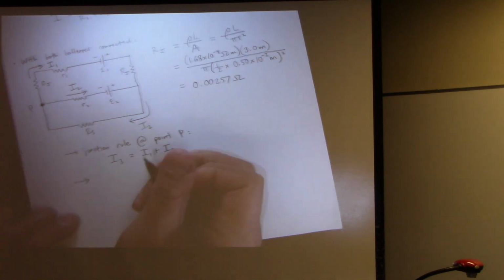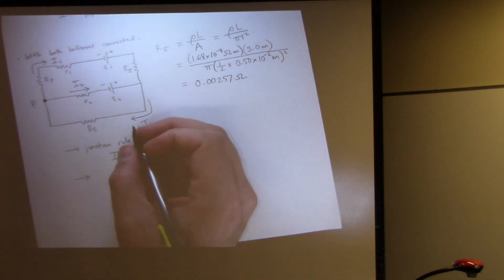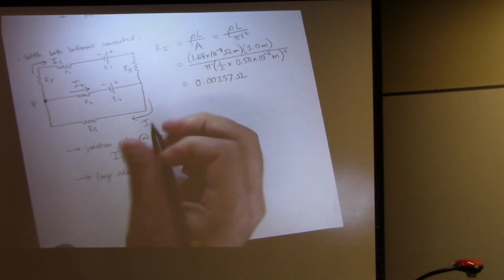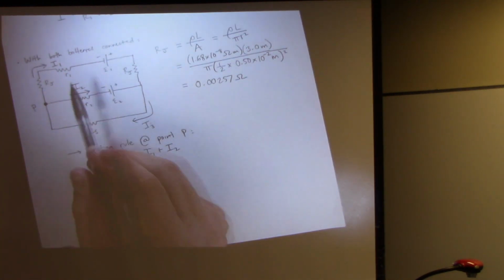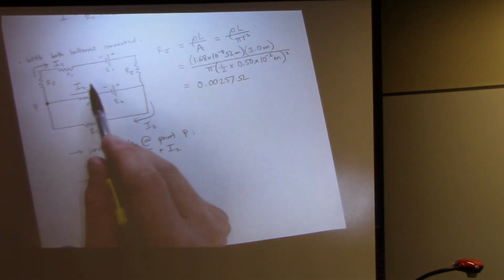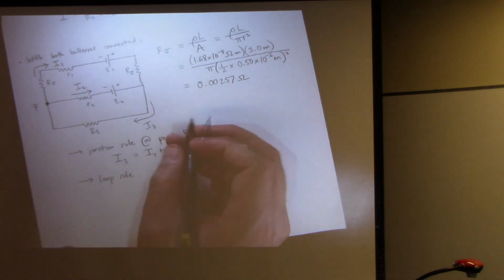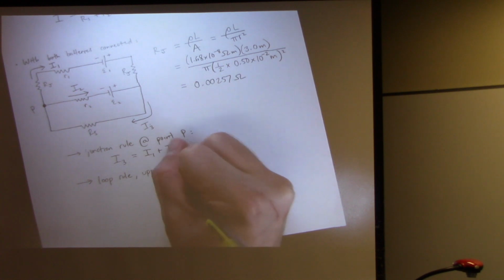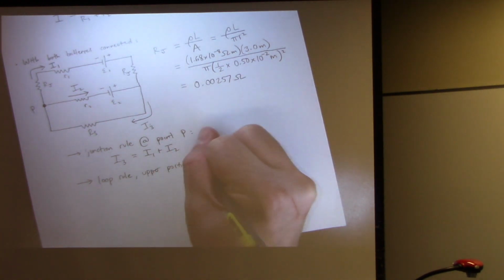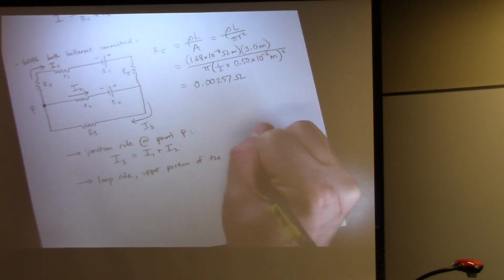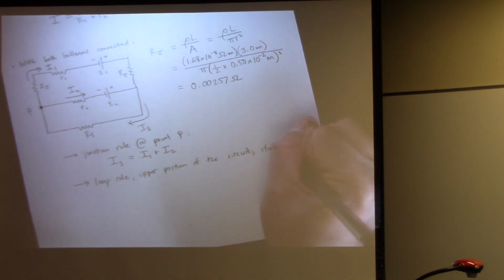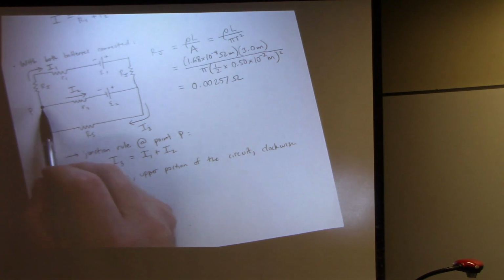So the two other equations are going to come from the loop rule. So for the first loop rule equation, how about we take this upper portion of the circuit right here, and how about we go clockwise? And how about we start at point P?